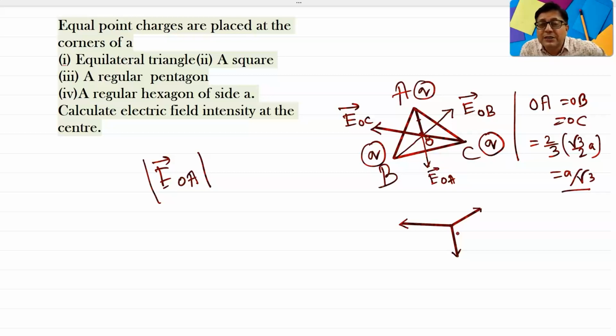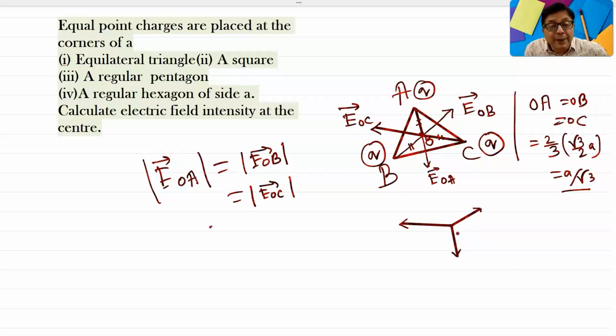All three are equal distances. So the magnitude is given by KQ by r square, that is KQ by A by root 3 whole square.